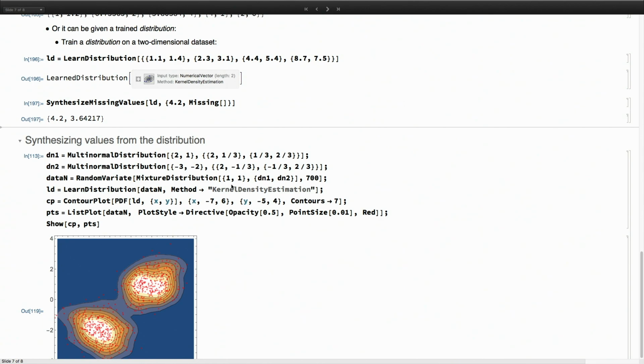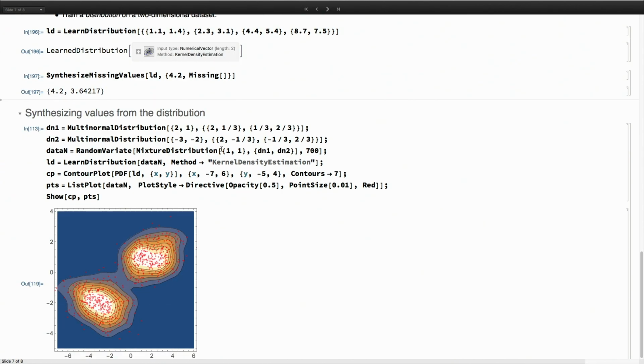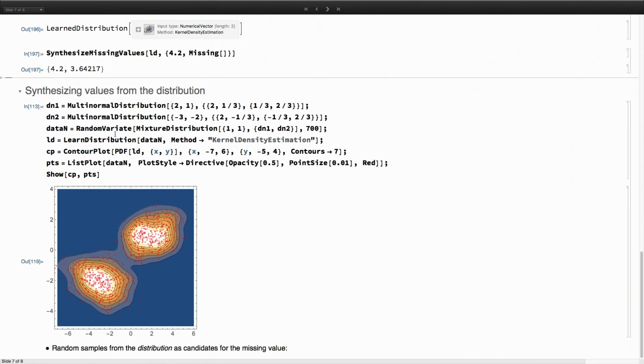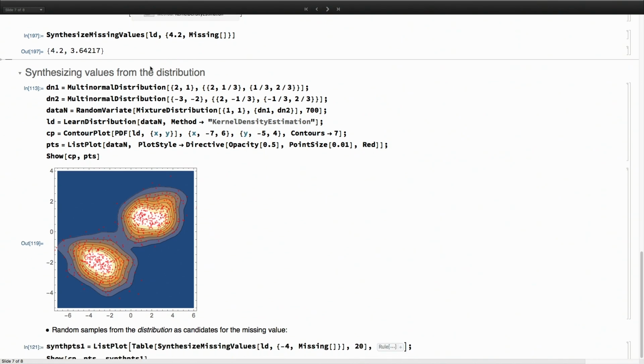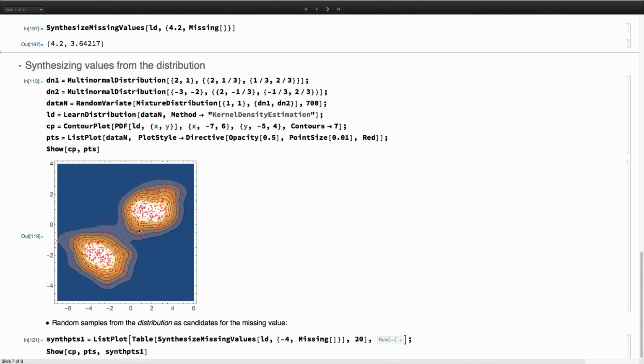But let's take a closer look at how it works. Imagine I have a two-modal distribution, two multi-normal distributions with different means and different covariances, and you see the regions of high probability closer to the crowded regions.